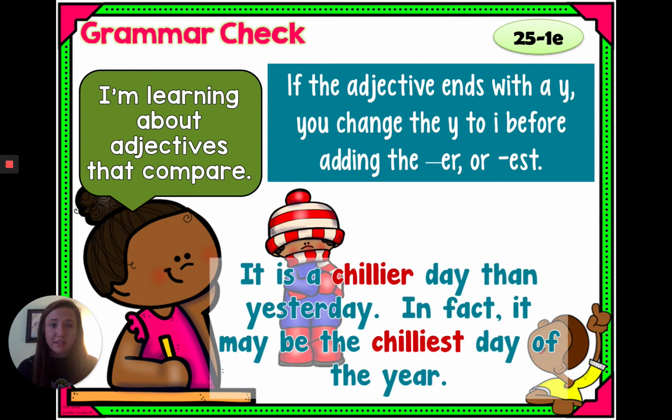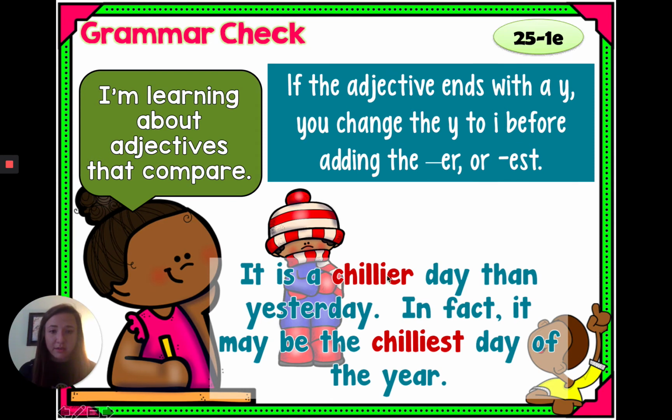If the adjective ends with a y, we want to change the y to i before we add er or est. So for example, it is a chillier day than yesterday. Before we changed this word by adding ier, this word was chilly, C-H-I-L-L-Y.